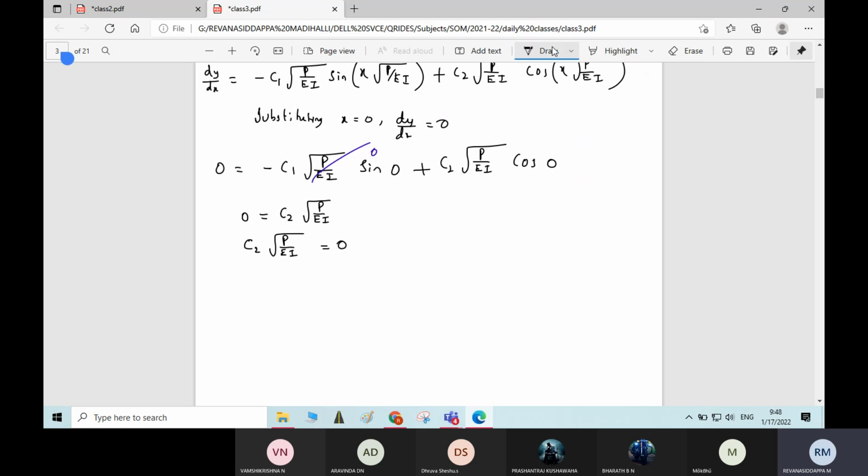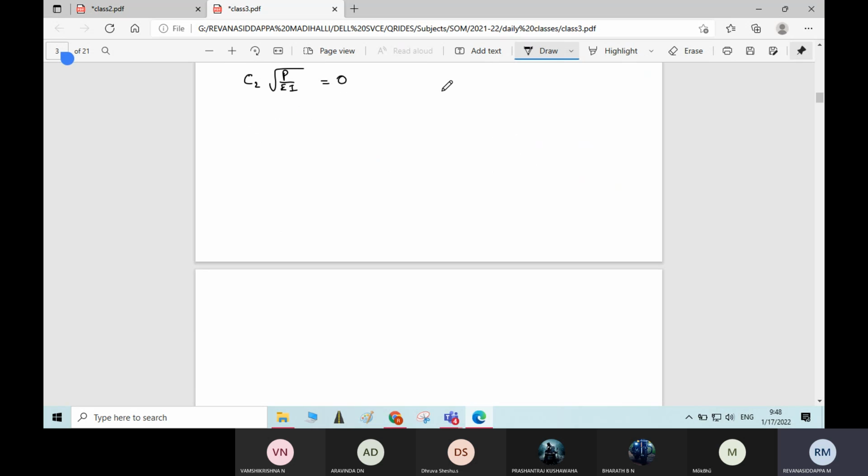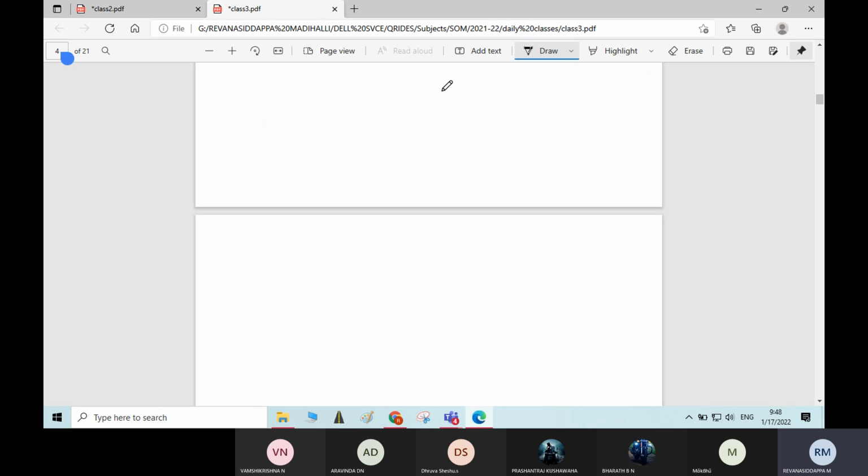Now from this equation, either c2 may be equal to 0 or root P by EI equal to 0.